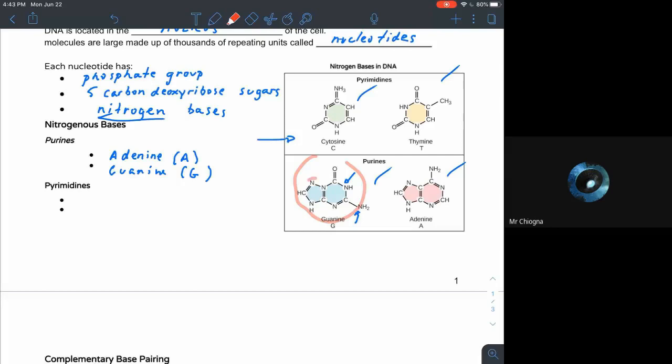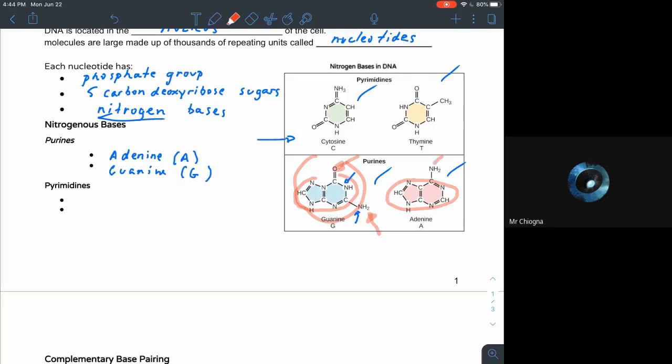This structure here is identical to this. What's different? This one contains an oxygen and a nitrogen here. Actually, that one does too. That contains nitrogen there, so they both contain the NH2.